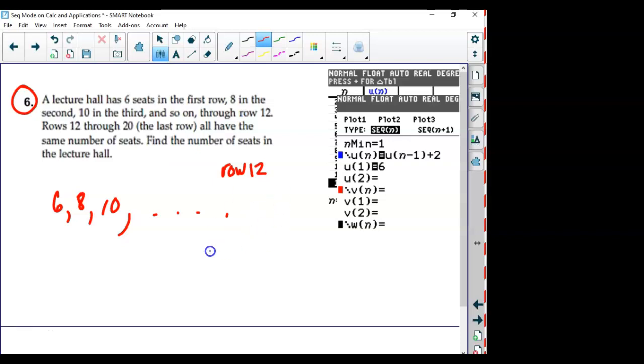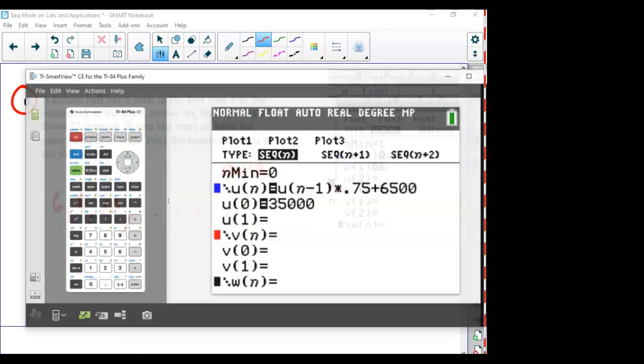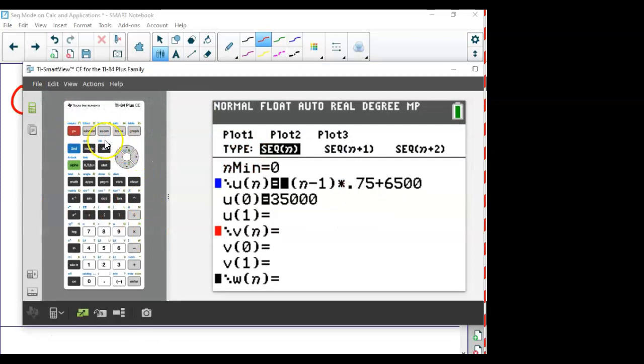So you could use the formula we just did. You could say 6 plus 2 times 12 minus 1. If you want to practice with the calculator one more time, we would say row 1 had, was it 6 seats, guys? So go down here and put in your first term was 6. And then go back up here and say the previous row, which was u(n minus 1).